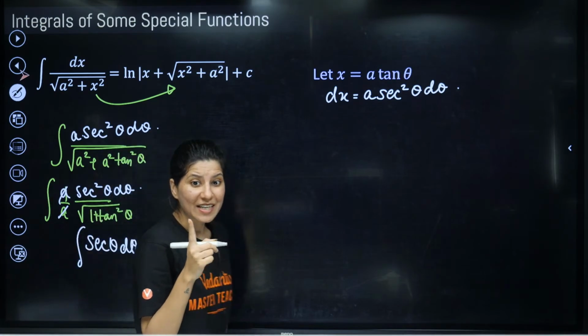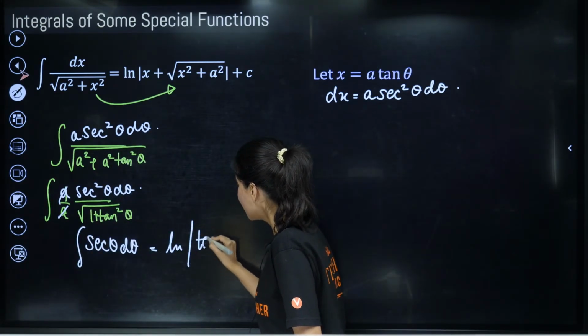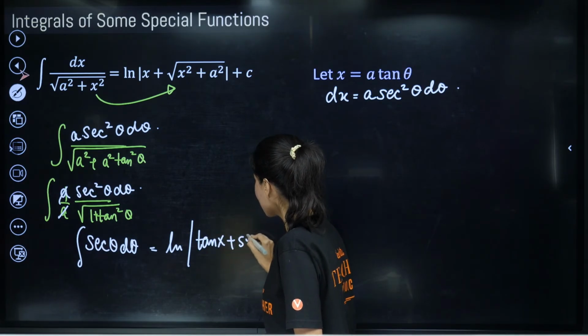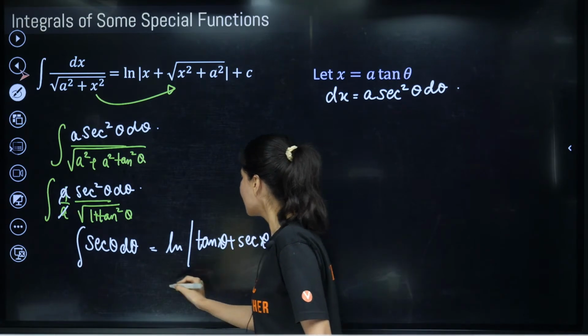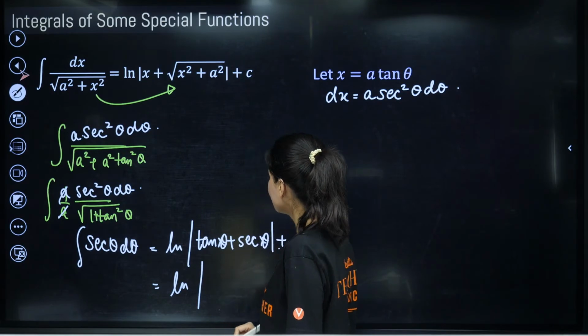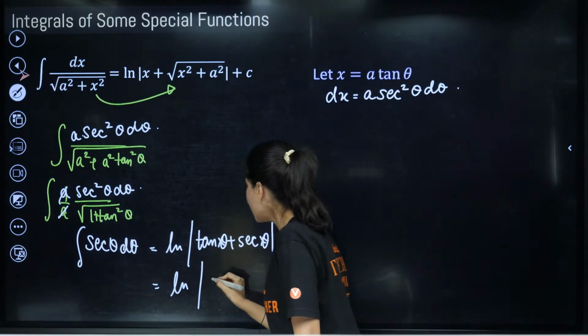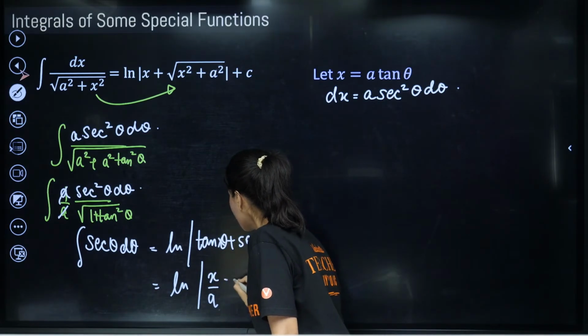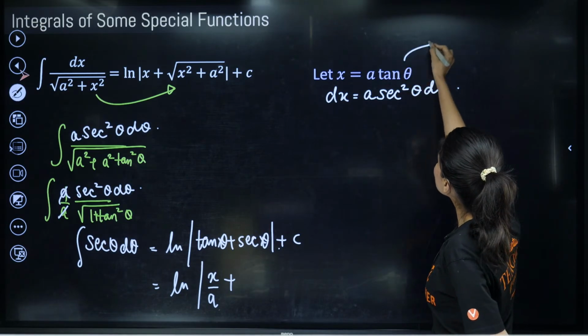Do you remember, today we have studied log of mod of tan x plus sec x, or sec x plus tan x. So this is tan theta plus sec theta, plus constant. So log of mod of tan theta plus sec theta. Now tan theta is x upon a. Can I calculate sec theta from here?